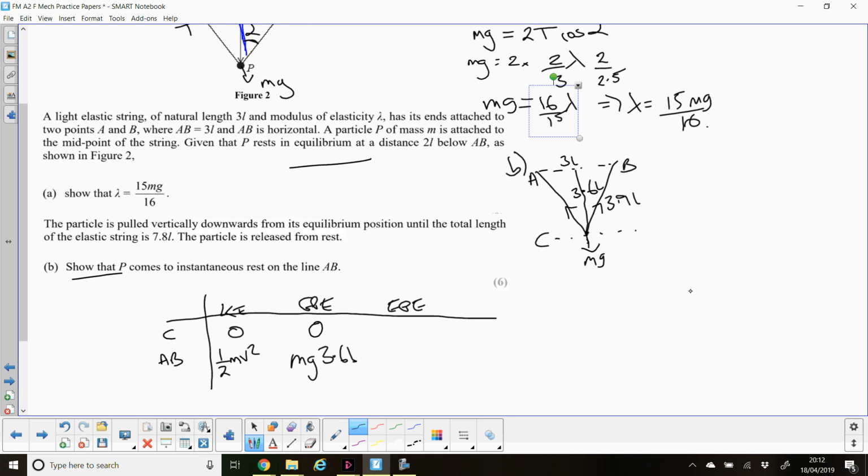Elastic potential energy. The formula for elastic potential energy that you need to learn is lambda x squared over 2L. So we know that lambda is 15 over 16 mg.